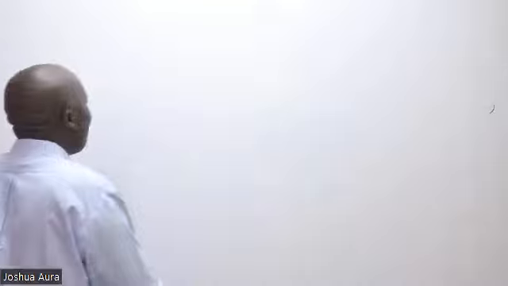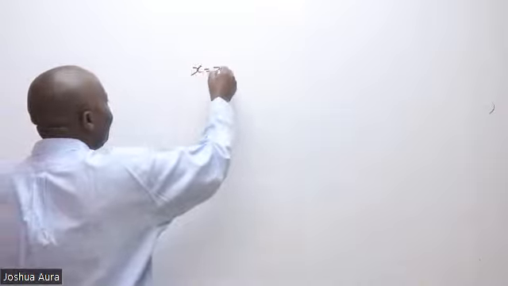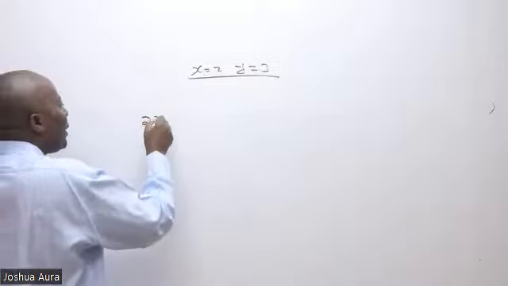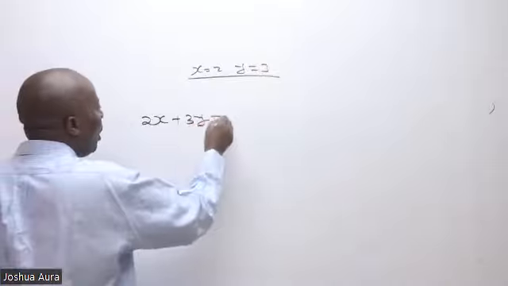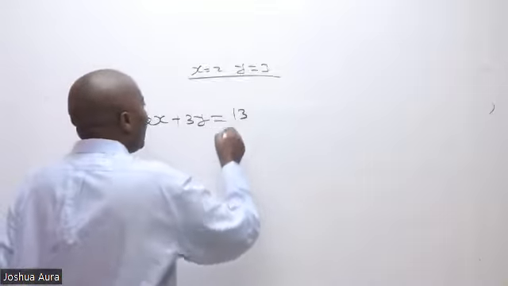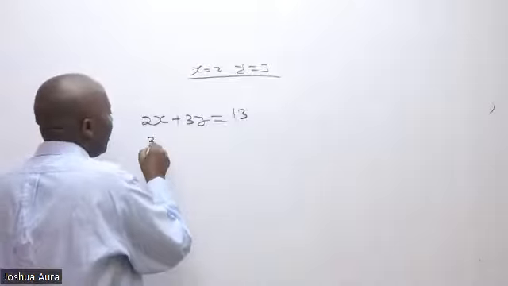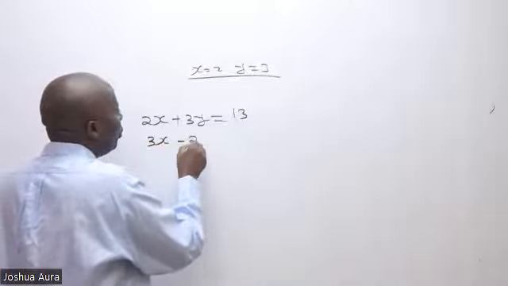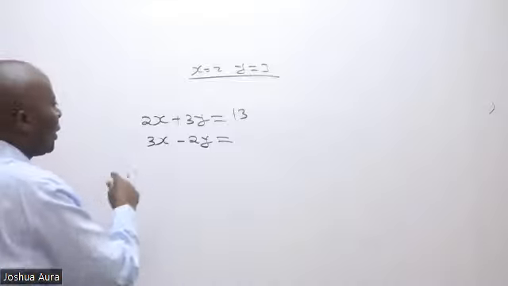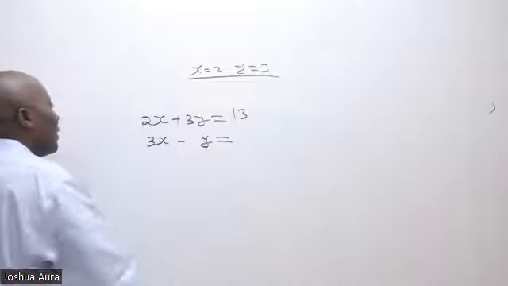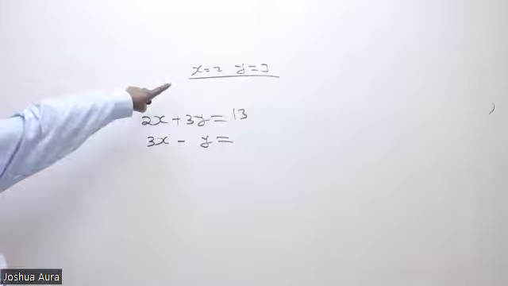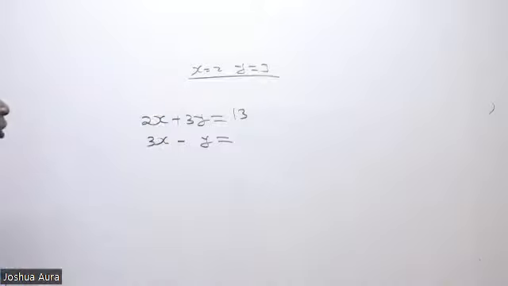So if, for example, ladies and gentlemen, you are given as an exercise 2x plus 3y, so we have here 4 plus 9, giving me 13. And then you're given 3x minus y. So 3x gives me 6 there, 6 minus 3, that gives me 3.